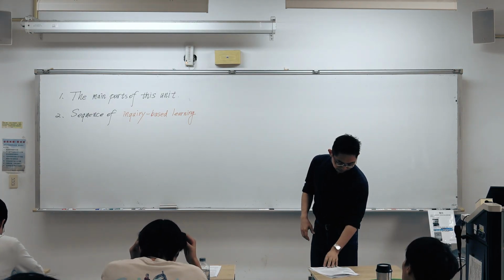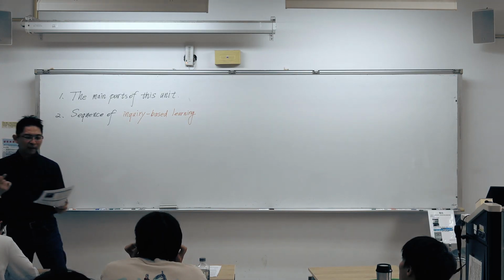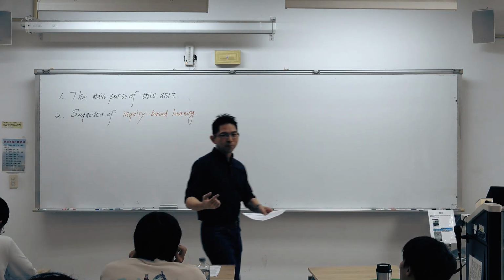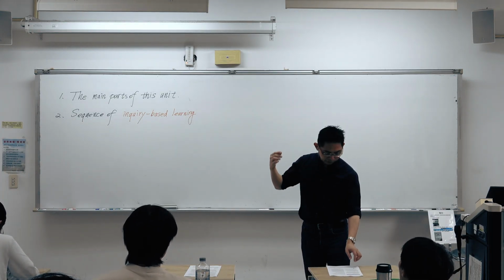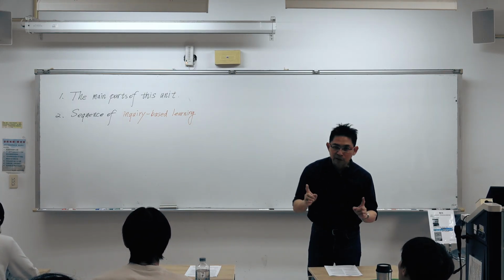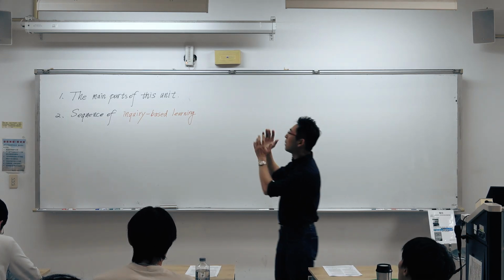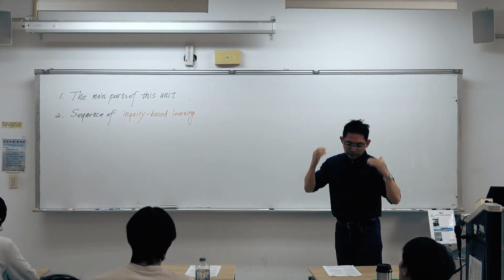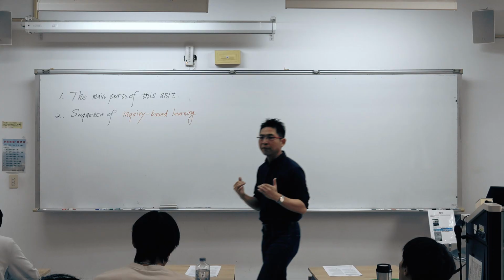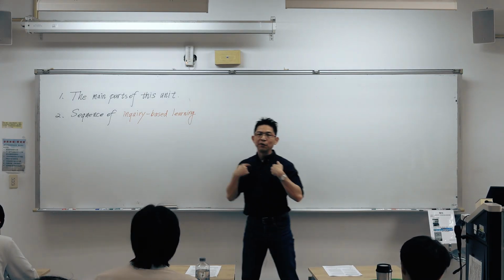For example, for me, the first one should be just the structure of the atom, but actually that's truly the unit of this part. So firstly, for me, the first main part should be the consequence of Rutherford's experiment. That's my first main part.